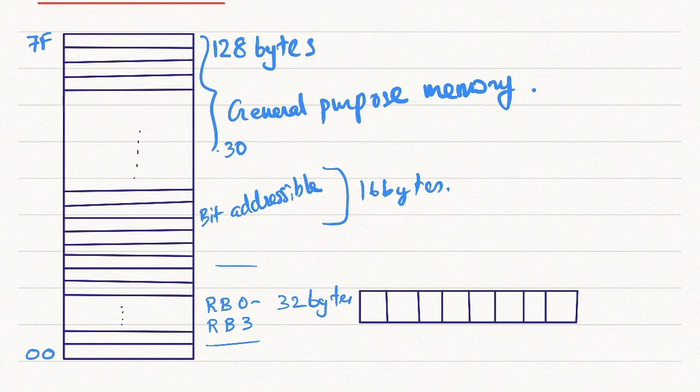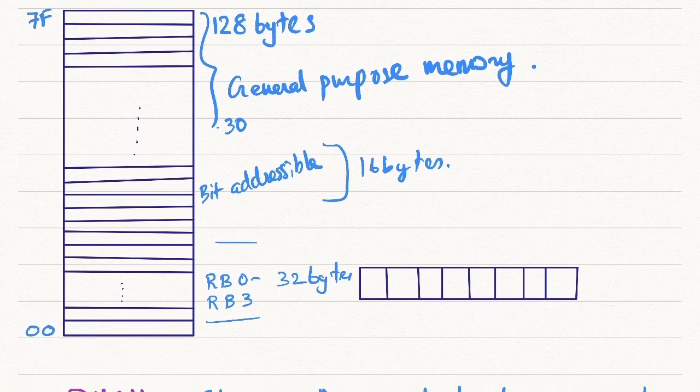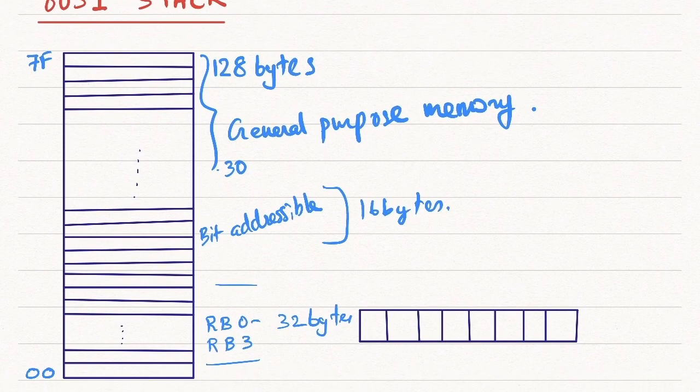Now the same space is used for the stack also. That is what is meant by the term that a stack is a section of RAM used by the CPU to store information temporarily.